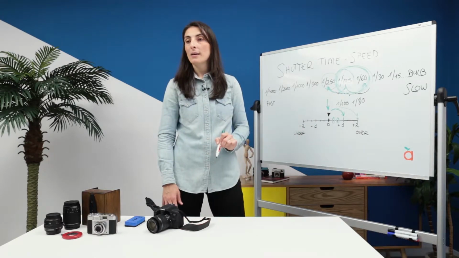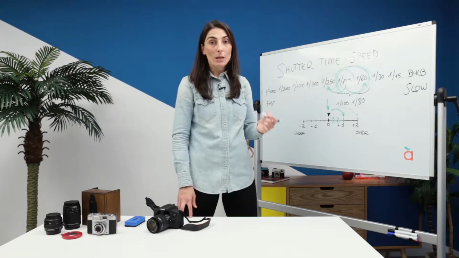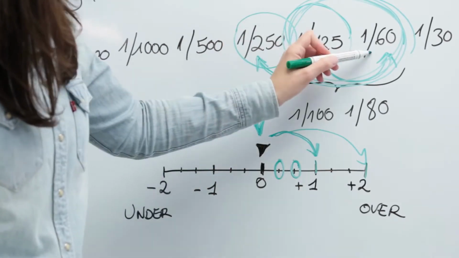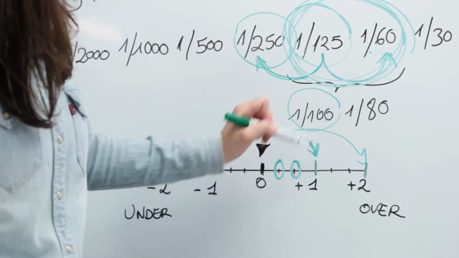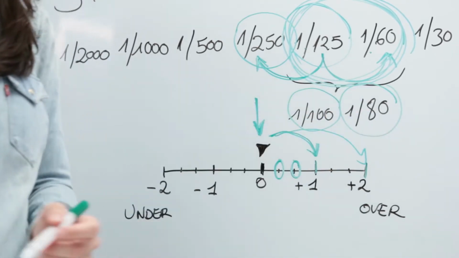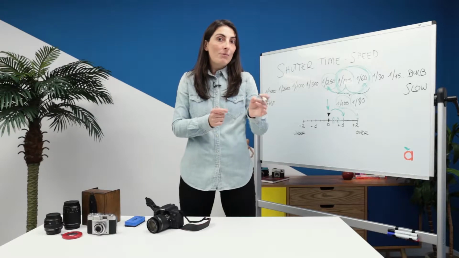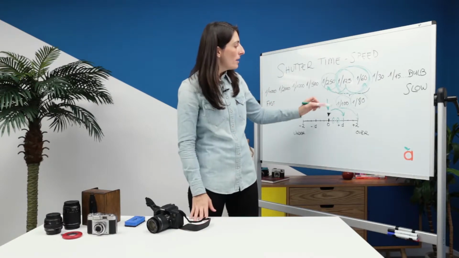What does it mean? Okay, for instance, between 125 and 160, there are other smaller speed intervals, such as 100 or 180.